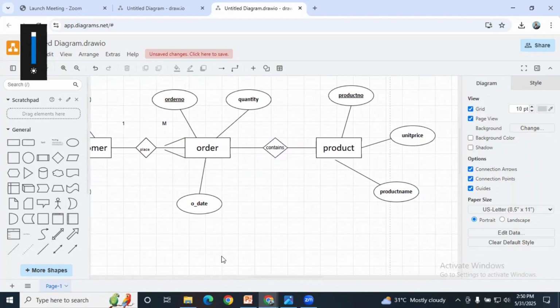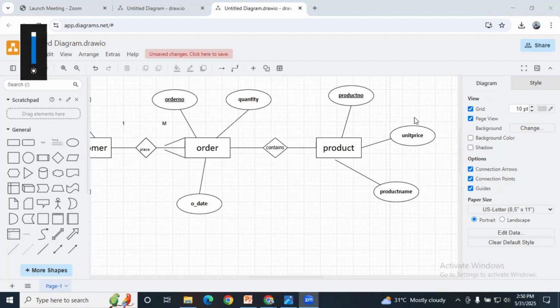In here, they are saying an order can include several products. How do we create the relationship in here? An order can include several products. Considering only this line, what is the relationship?